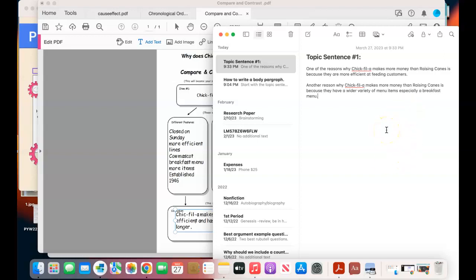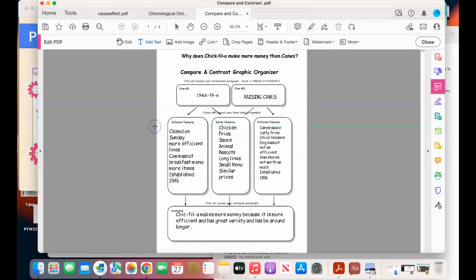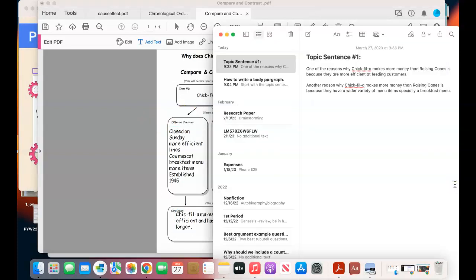And then my last one. Maybe I'm going to try to change up my wording a little bit. Chick-fil-A makes more money because they've been around longer.